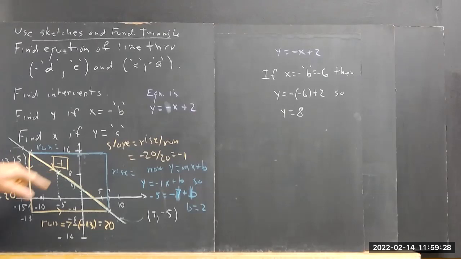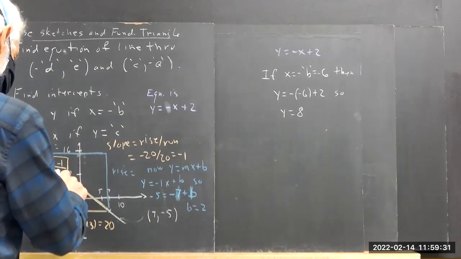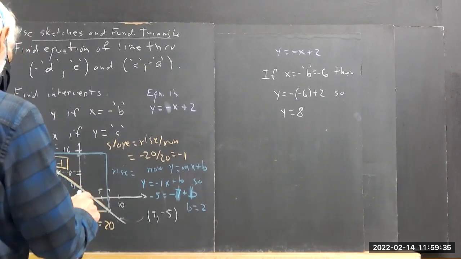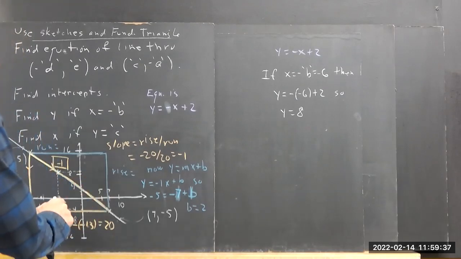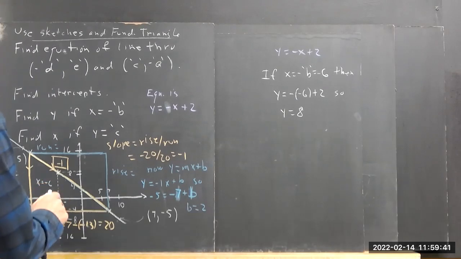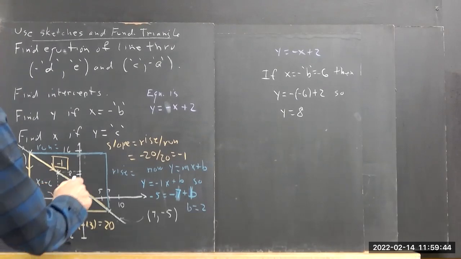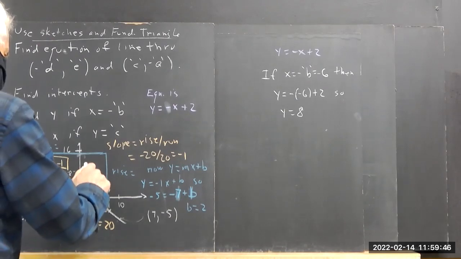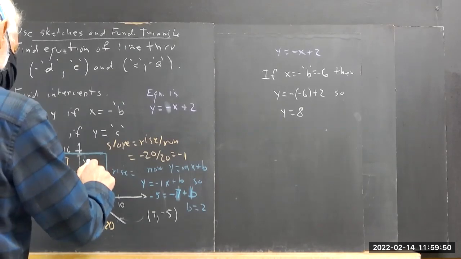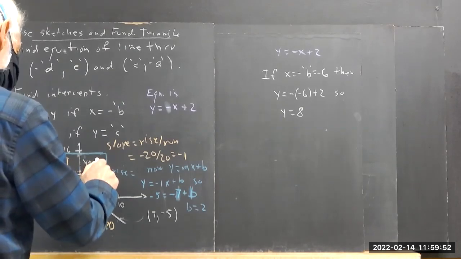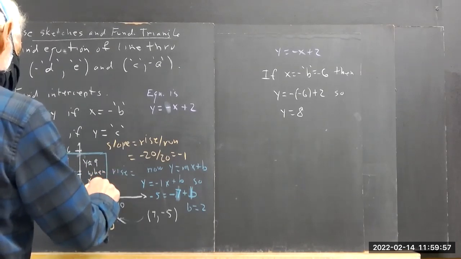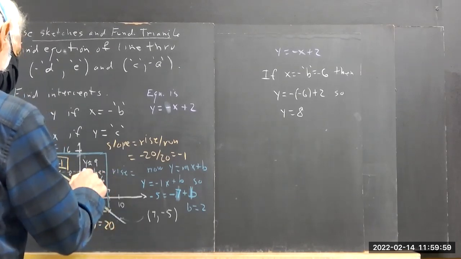And what's the y coordinate? Well, the y coordinate, if we go straight over here, okay, we got x equals negative 6 here, and we get y approximately equals, this is an estimate, 9, and x equals negative 6.